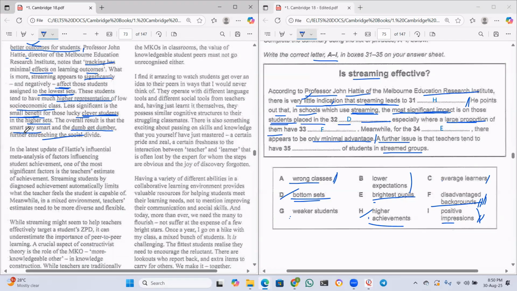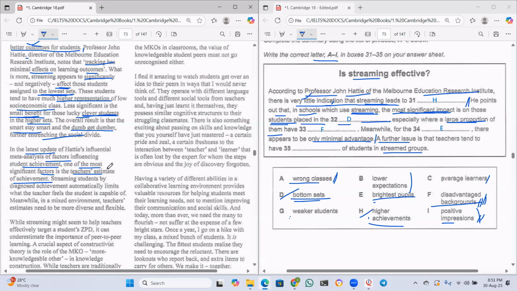Overall result is that smart stays smart, dumb gets dumber. Okay. In the latest update of Hattie's, latest update means a new issue, further update, further issue, right? Influential meta-analysis of factors influencing student achievement. One of the most significant factors is the teacher's estimate of achievement.